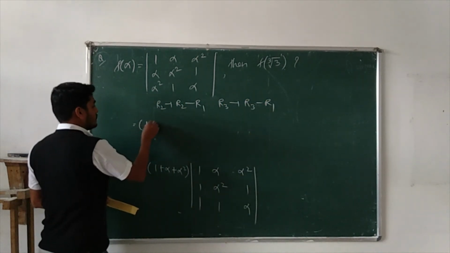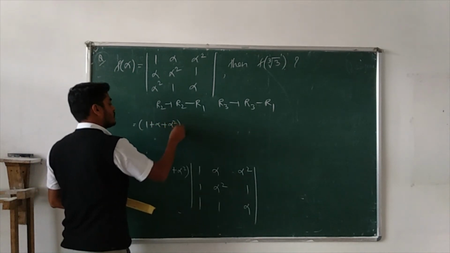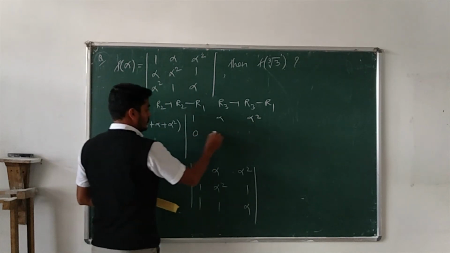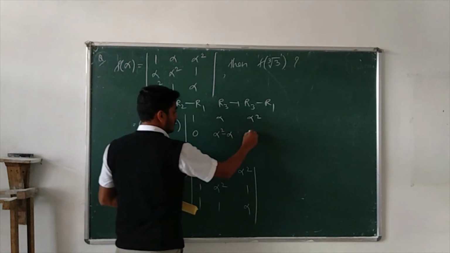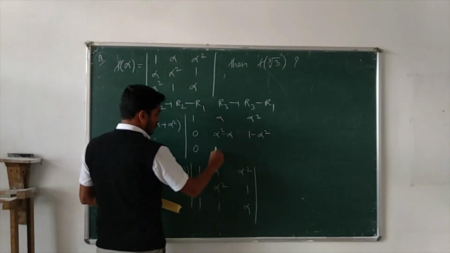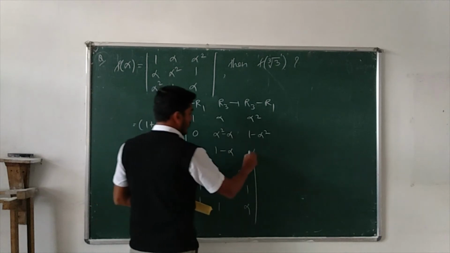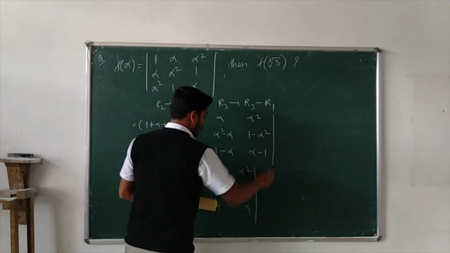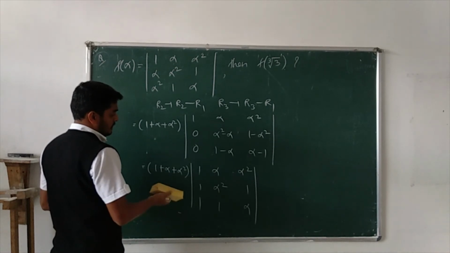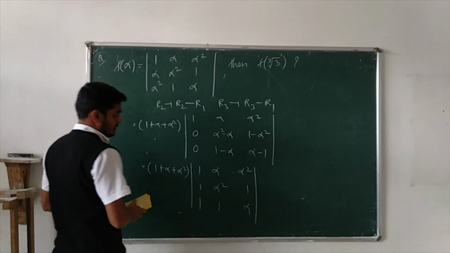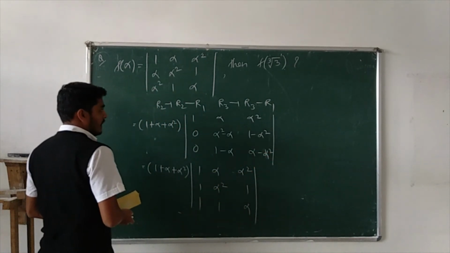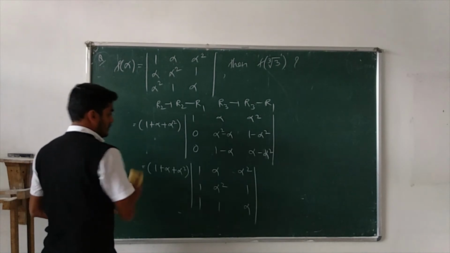Then the expression will become 1 plus alpha squared, which is equal to 1, 1, 1, then 0, alpha squared minus alpha, 1 minus alpha squared. Similarly 0, 1 minus alpha and then alpha minus 1. Okay, so alpha squared minus alpha, 1 minus alpha squared, and 1 minus alpha, alpha squared, R3 minus R1.